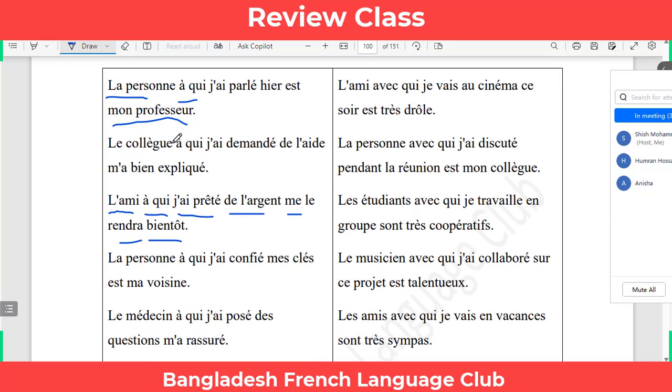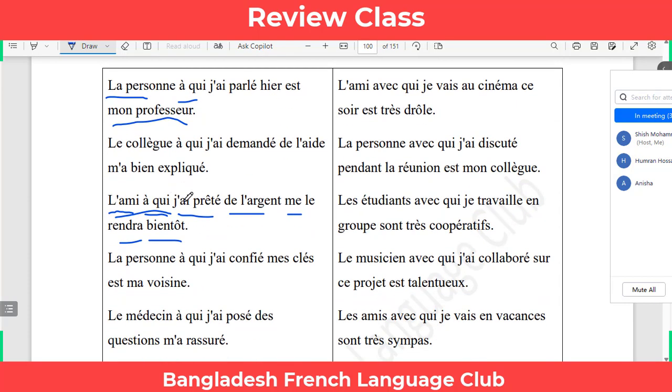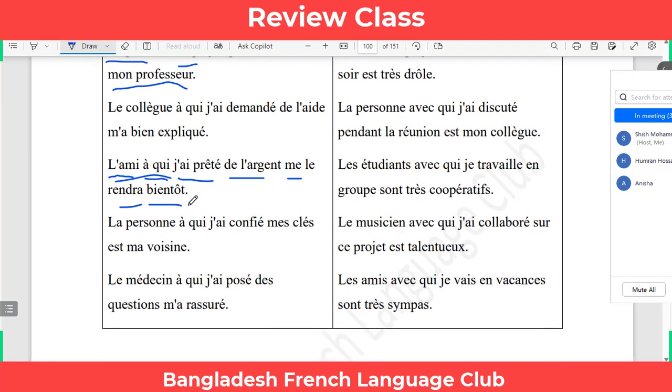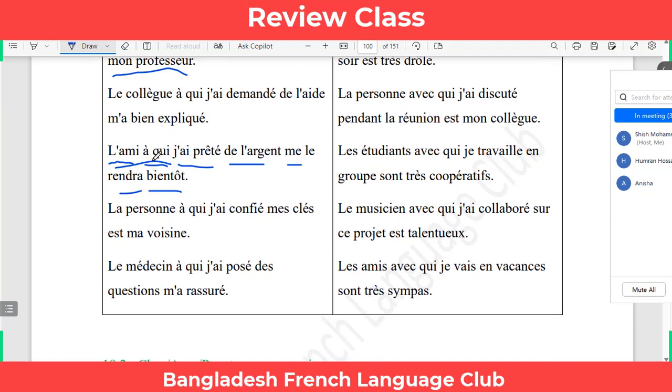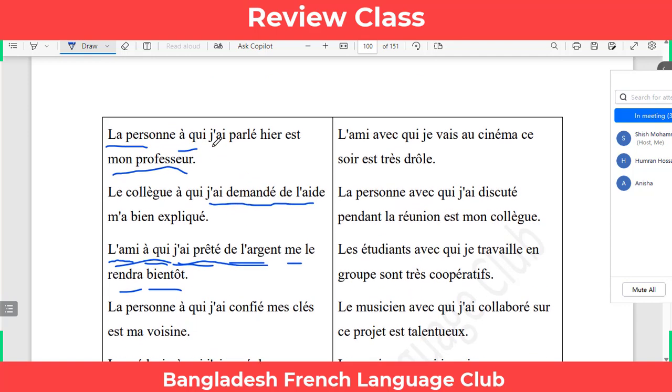This rule is almost like the que, right? After que we saw a full sentence, and after à qui we can also see the full sentence: j'ai prêté de l'argent, j'ai demandé de l'aide, j'ai parlé hier, right? Almost the same way, but the meaning is different.